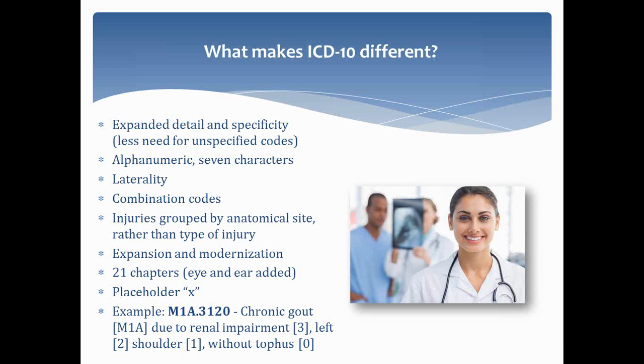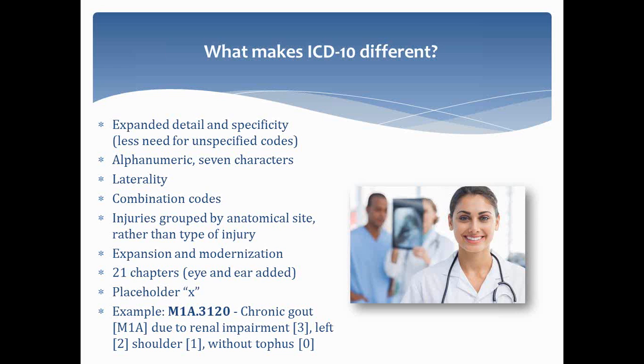And they took the E codes and the V codes and threw them into a numbered chapter. And then there's also an X placeholder. So there are a number of codes that need to be 7 characters, but the 5th and 6th characters have no meaning. So in order to keep the 7th character in the 7th position, we throw in these placeholders. And I'll show you some examples of that later too.